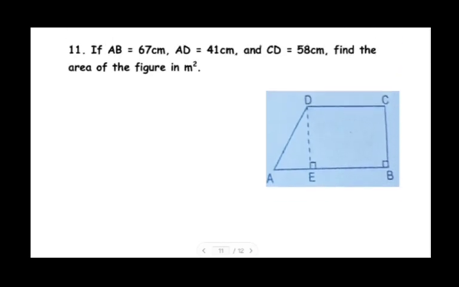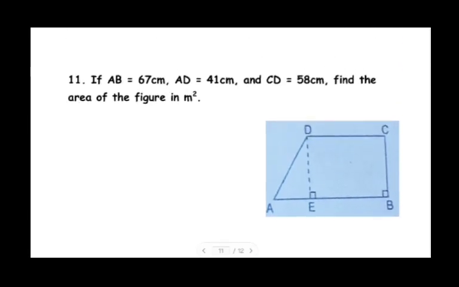Next sum. If AB is equal to 67, this is my AB. This whole length is equal to 67. My AD is 41 centimeter. My CD is 58 centimeter. Find the area of the figure in meters square.